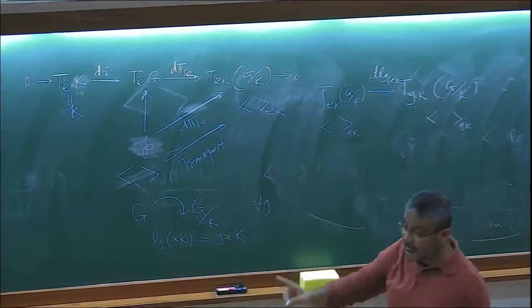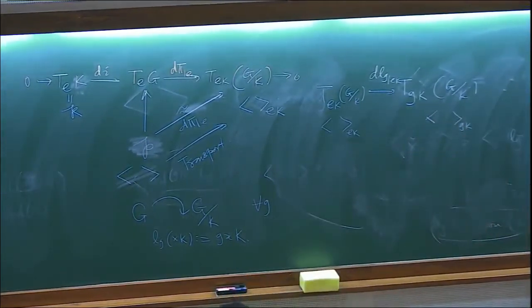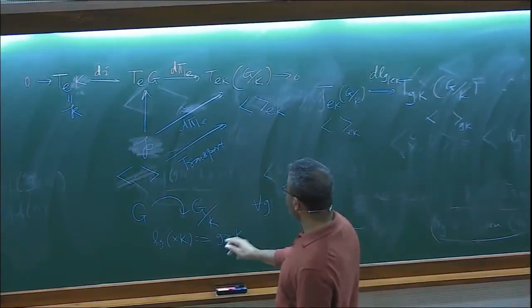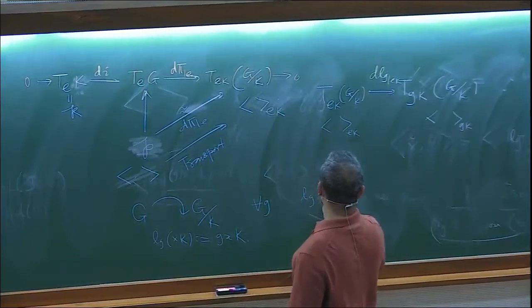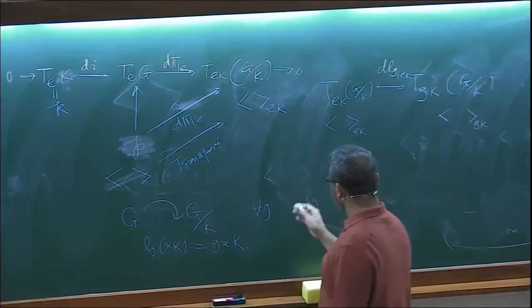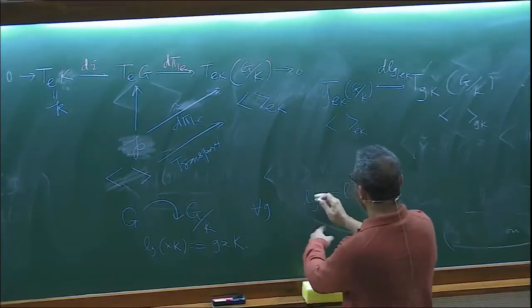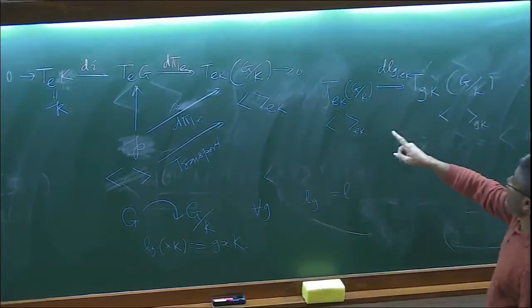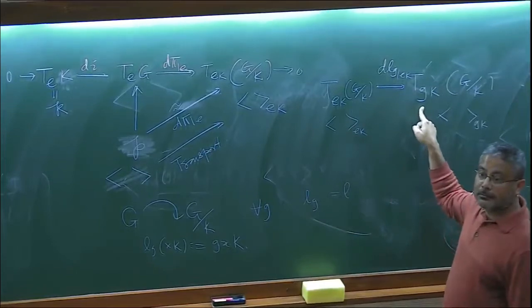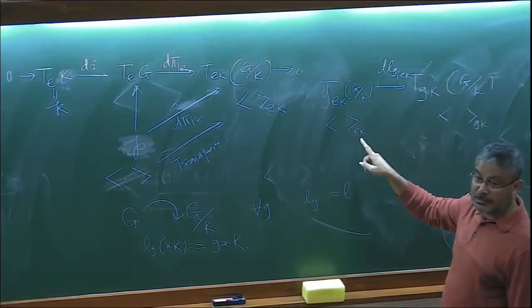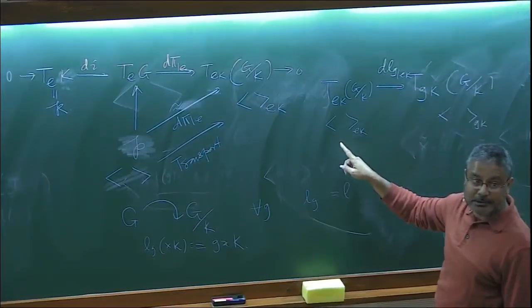But the point here is that there is no unique left translation which sends Ek to gK. So this assignment on the face of it doesn't look like a well-defined process.